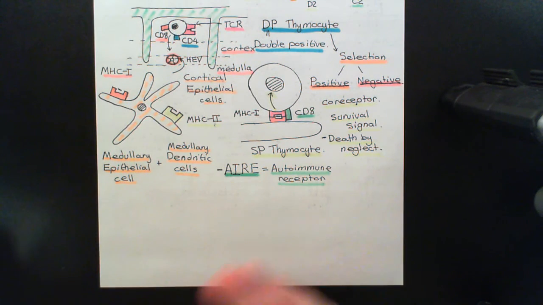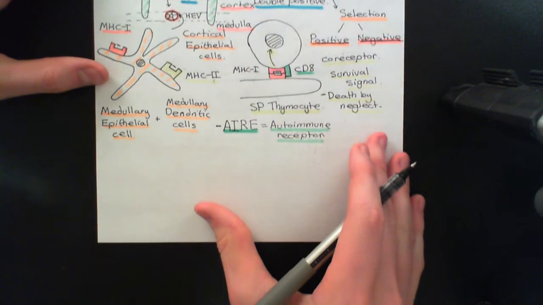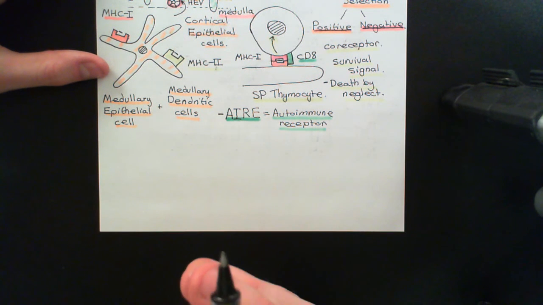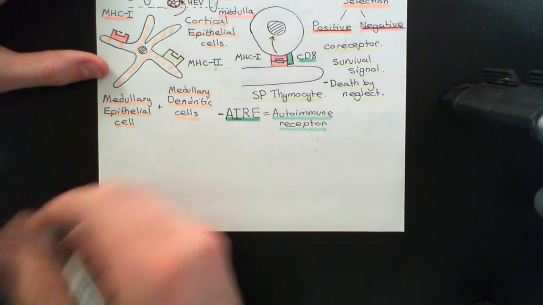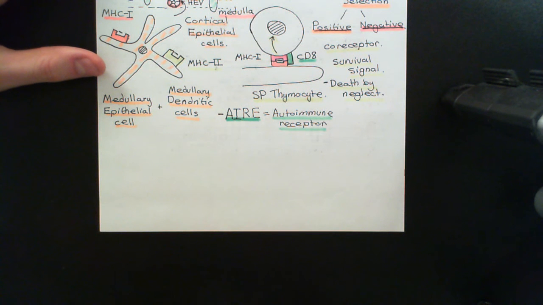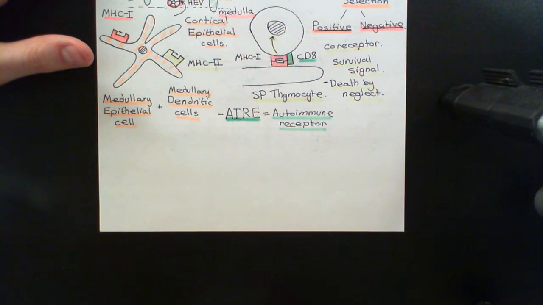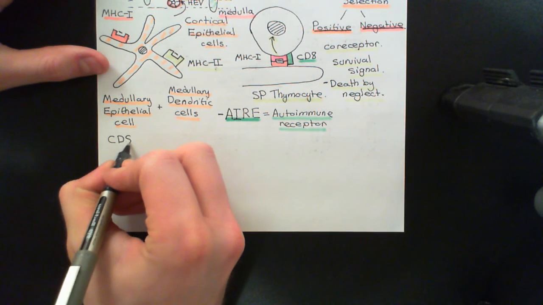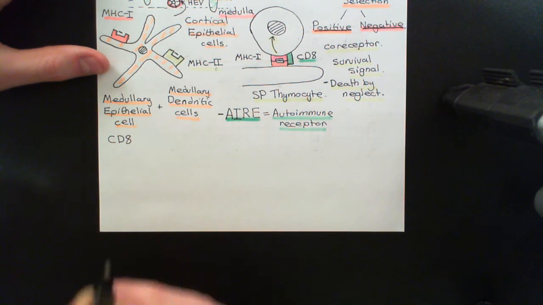T cell. Now let me introduce you to a bit of nomenclature before we then have a break. So T cells that have T cell receptors which can bind to MHC class 1 complexes with a peptide fragment on, and which are therefore CD8 positive. Remember, CD8 is the co-receptor for MHC class 1.